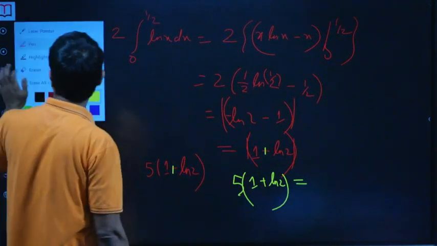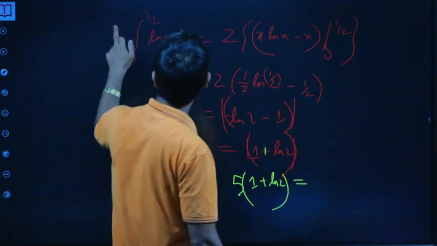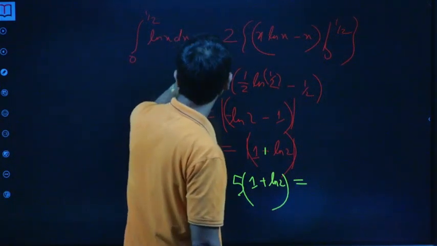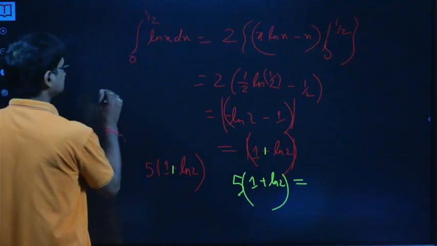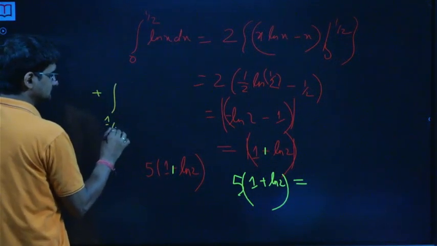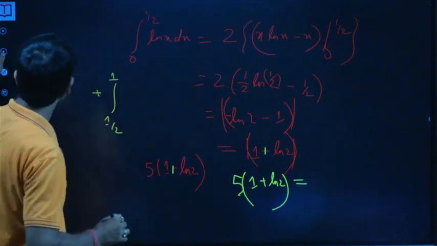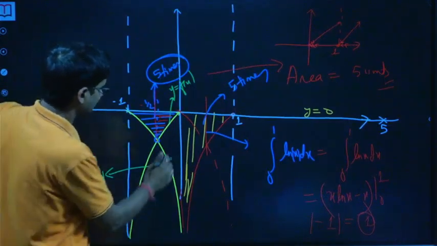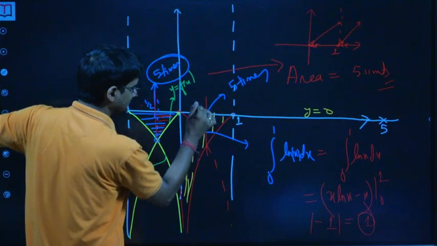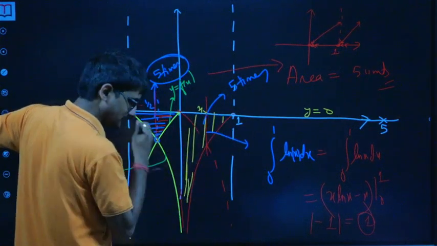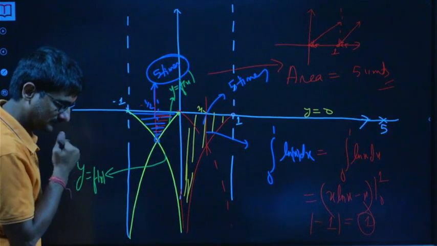If I just remove 2 here, so if I go for 0 to half and half to 1, half to 1 is ln x.